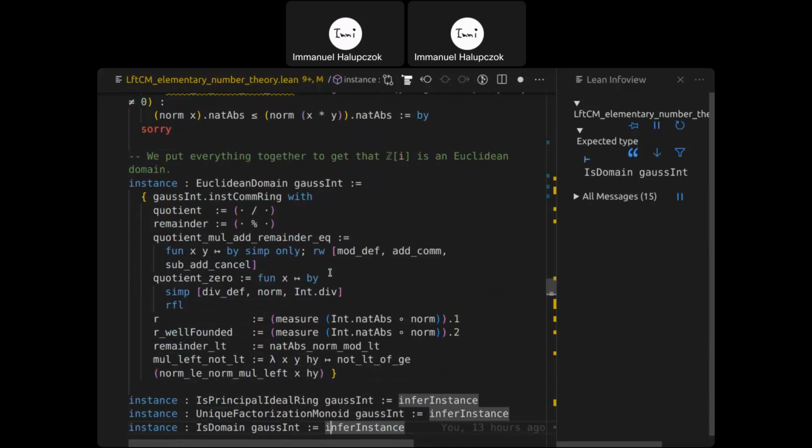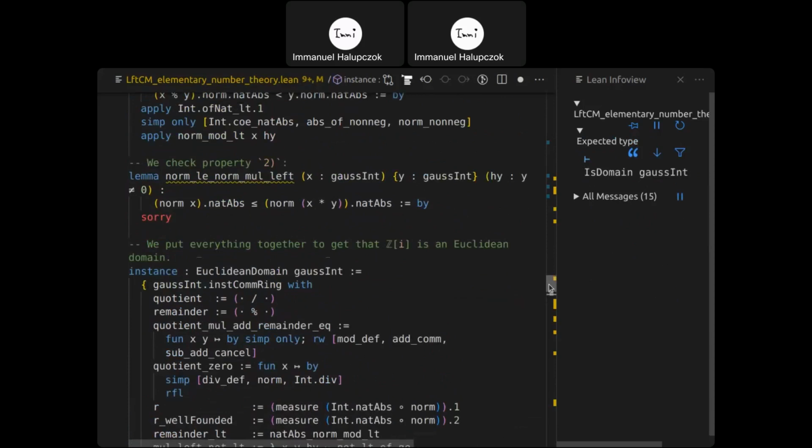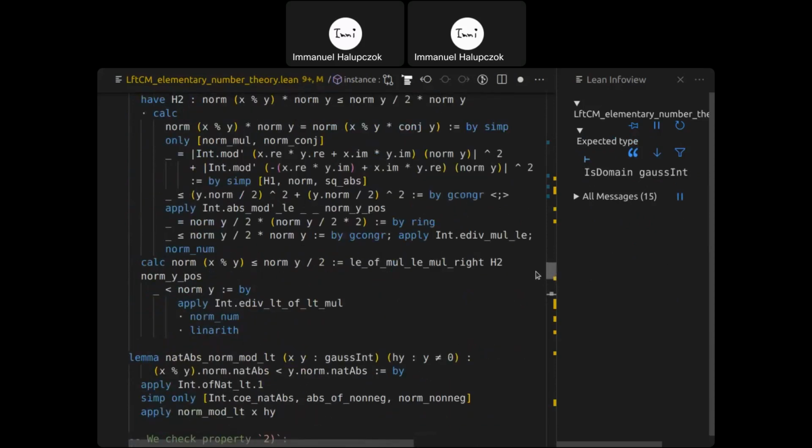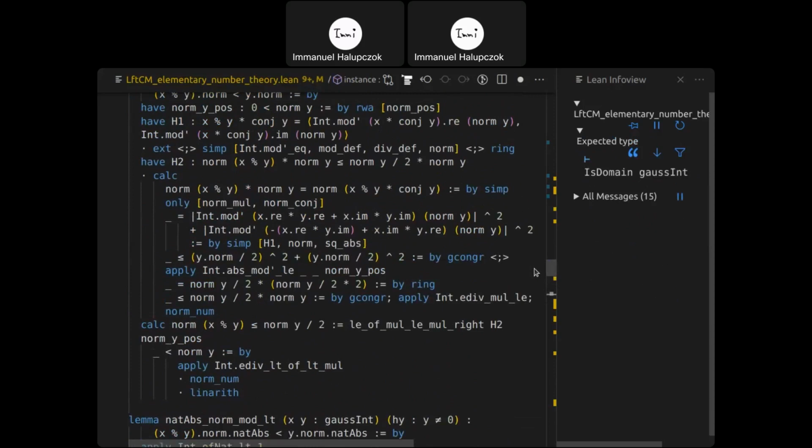I saw that you could do inequalities in these calc blocks. Yes, you can. In general, what kind of relations can you fill in there? I thought it was only possible for equalities. No, it's also possible for inequalities. So equalities and inequalities.